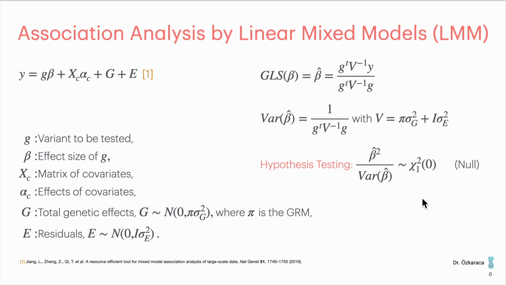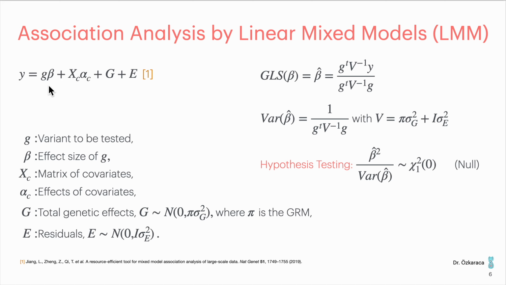So what we use is typically a linear mixed model setting, and there are different ways to apply it. The one that I present is from the Jiang, Zhang, Qi et al. paper, which is a very good paper explaining in detail the methodology of GWAS in the linear mixed model setting.